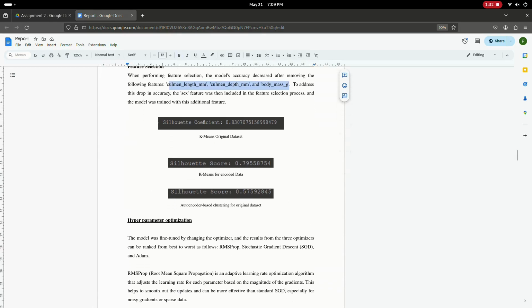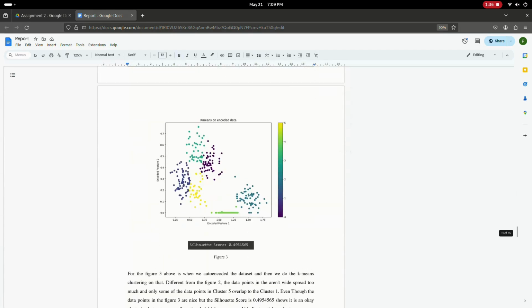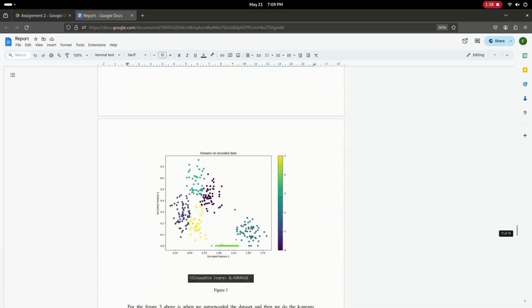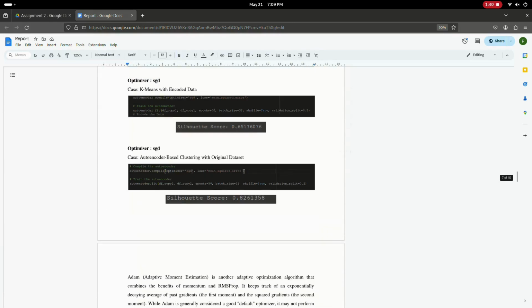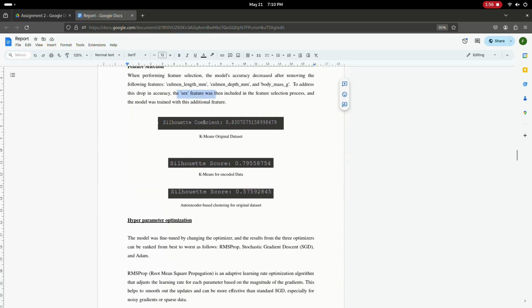But when I compare it to the result below, I got a much lower Silhouette coefficient. So I can safely conclude that I need to also include the sex feature in our feature selection so that we can get the best Silhouette coefficient.